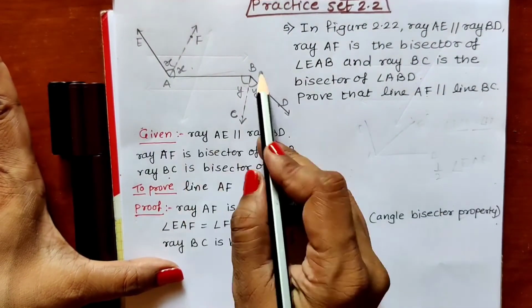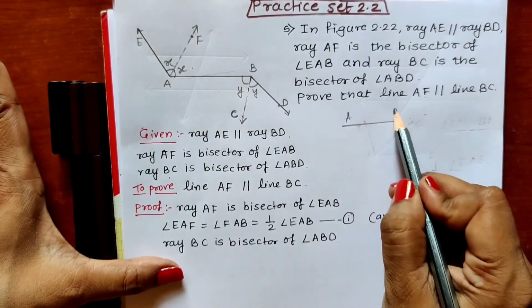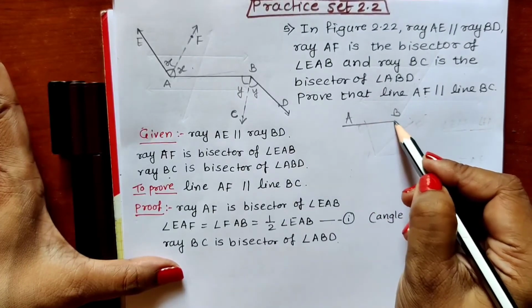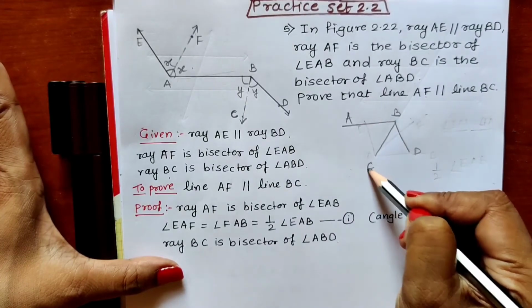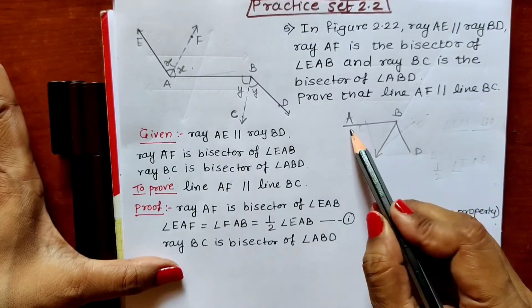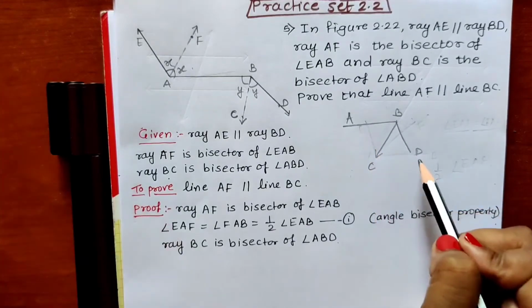This is angle ABD, and then we can see BC is a ray which is bisector of ABD, and due to this BC ray, this angle ABD is divided into two equal angles.